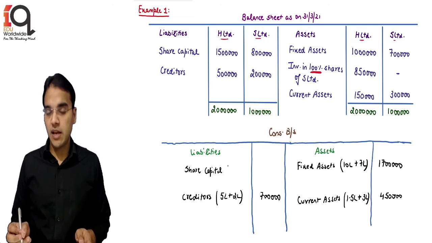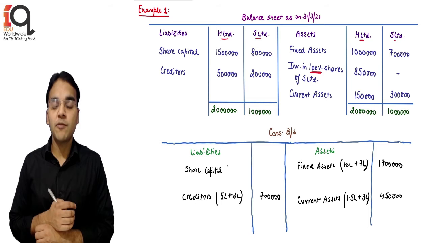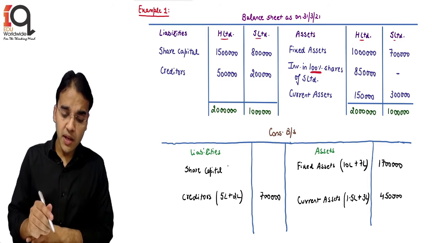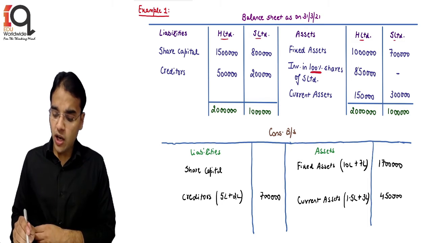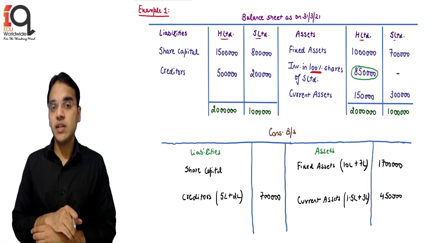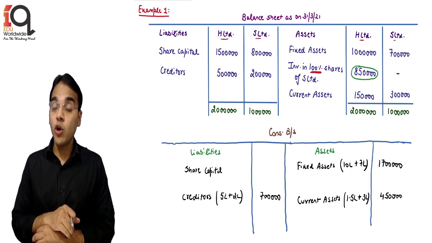Student, just tell me, if I combine each and every item and make the combined balance sheet, that would be the simplest thing. But just think and tell me, should I show these investments of 8,50,000 in this consolidated balance sheet? The answer is obviously no. Is it a case of a 100% wholly owned subsidiary?